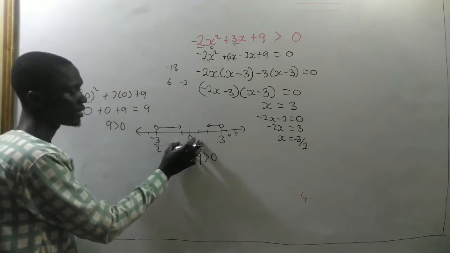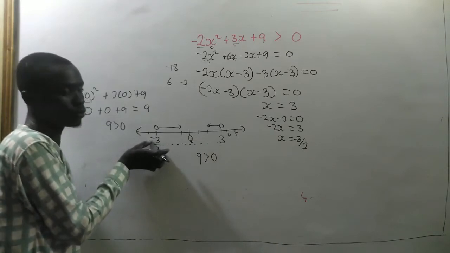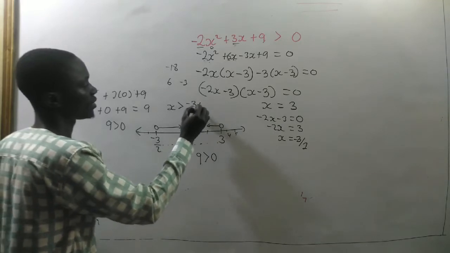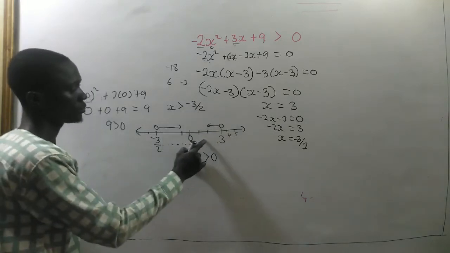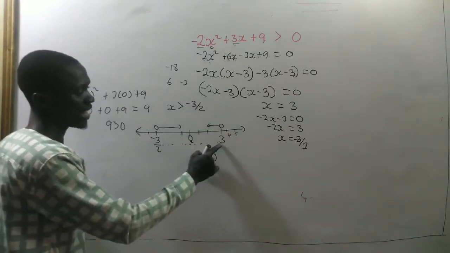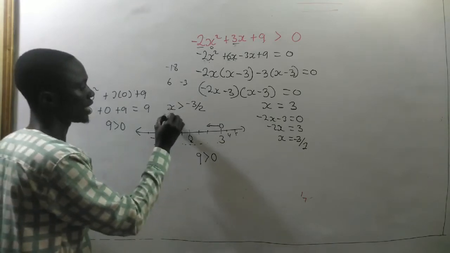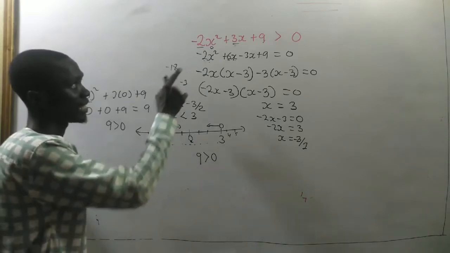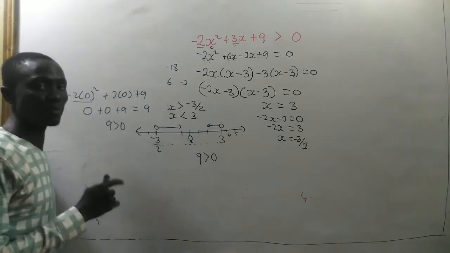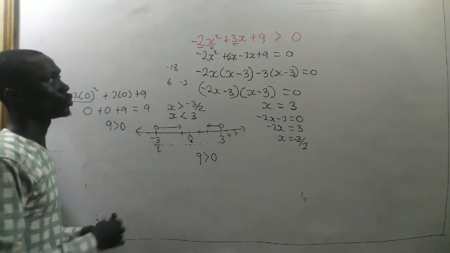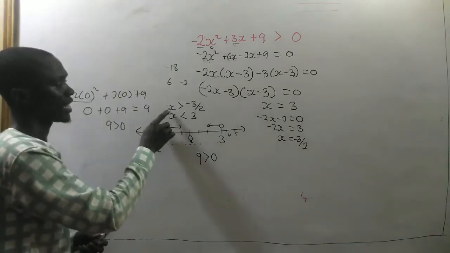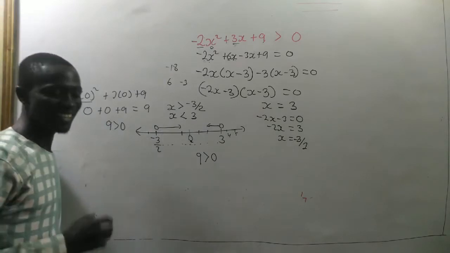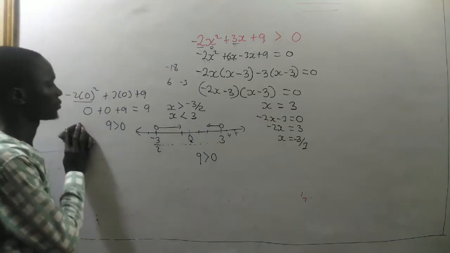The values here are greater than -3 on 2. So x greater than -3 on 2. And the values here are less than 3. So we take x less than 3 because the values here are the x, the variable x. Very simple as that. So the solution to this quadratic inequality is x is greater than -3 on 2, x is less than 3. Now let's take the next example.